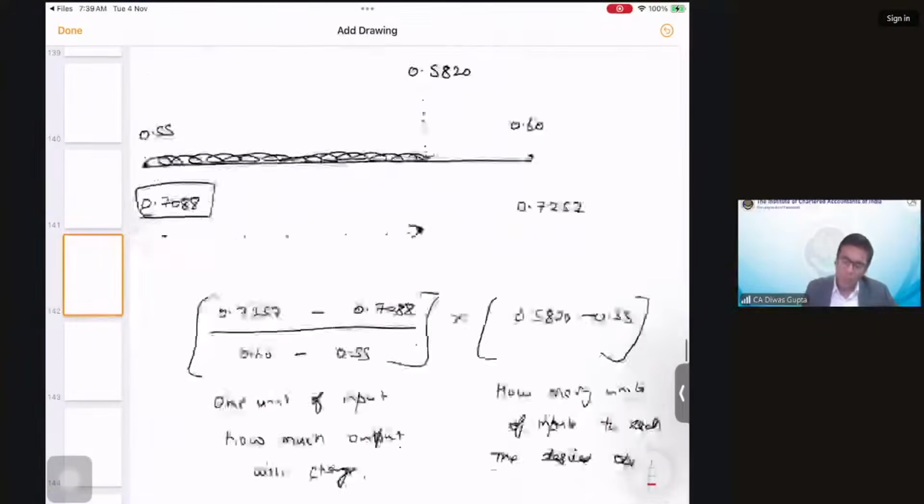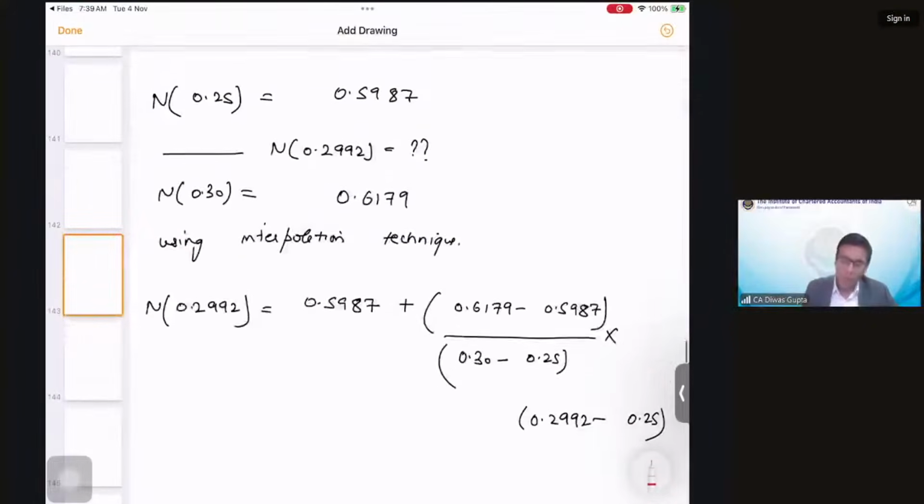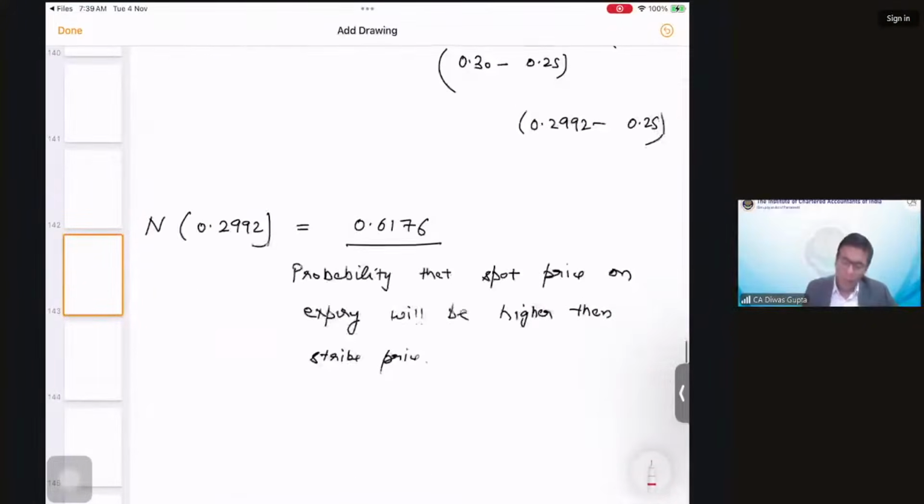Similarly, ND2 was 0.6176. So ND2 basically represents that the probability on expiry will be that actual price will be higher than the strike price. So there is a 61.76% probability that it will be higher.